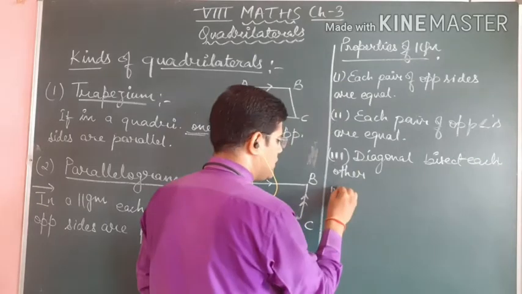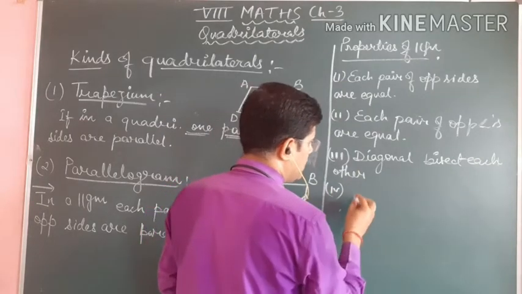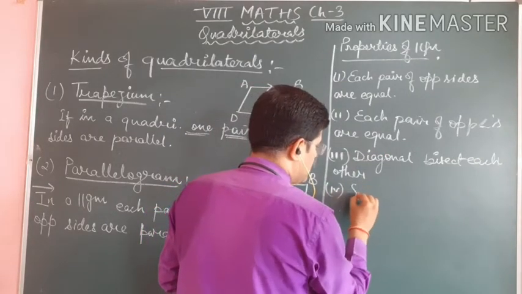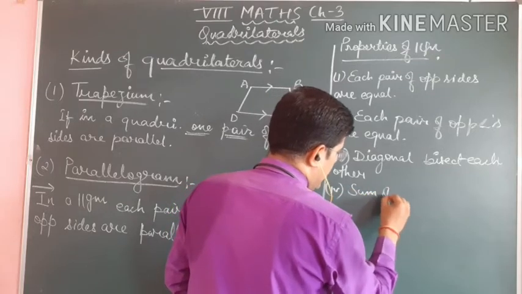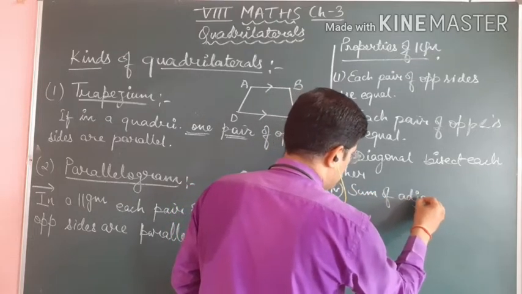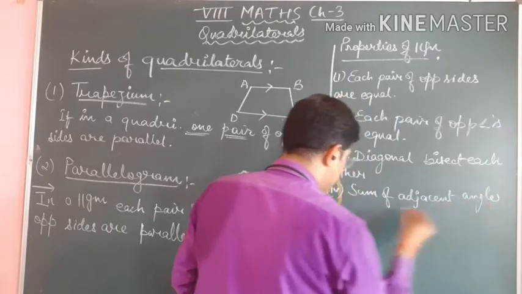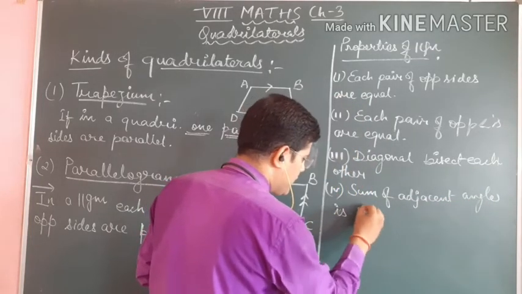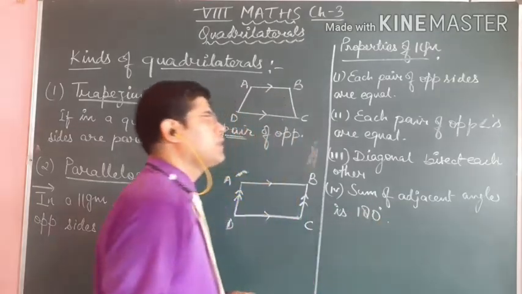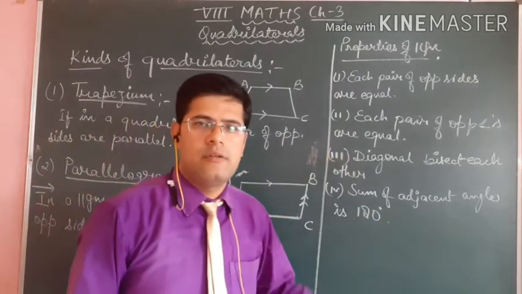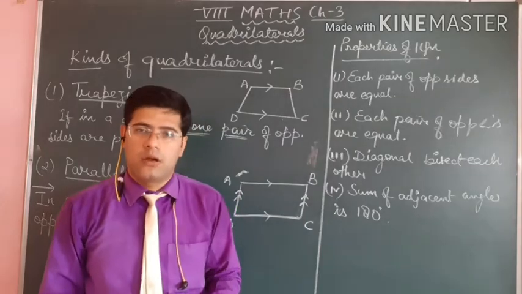And last but not the least, this one is the sum of adjacent angles is supplementary, or you can write 180 also. So here are four properties regarding a parallelogram.